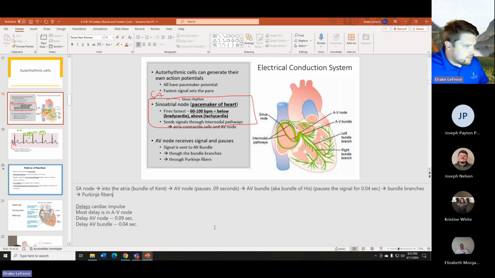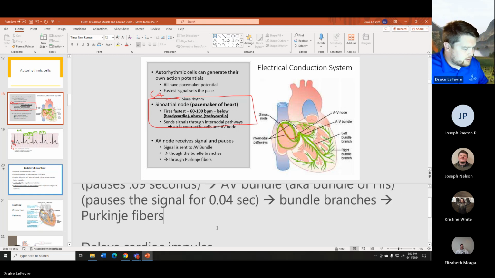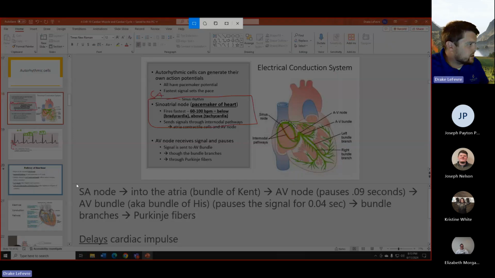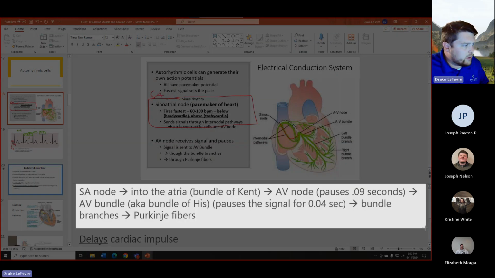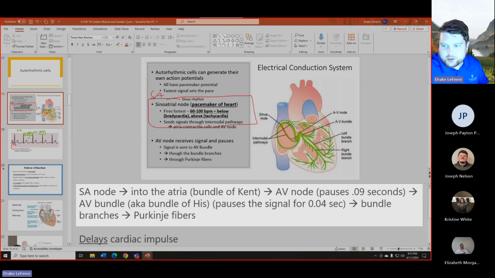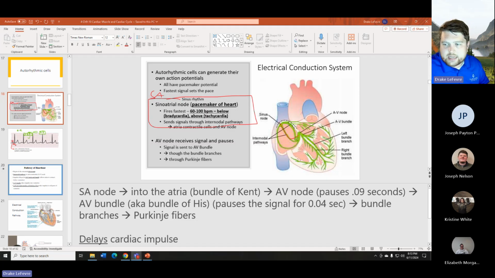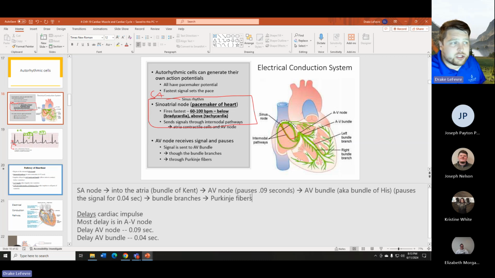This is another process that we need to know super well. One, because it's tested on a lot, and two, because this process is what helps us understand the EKG.